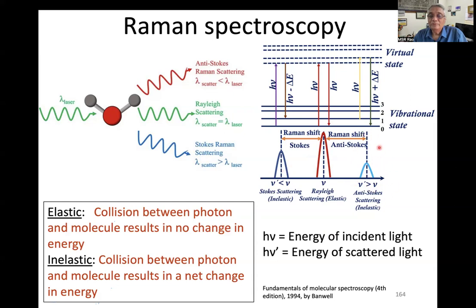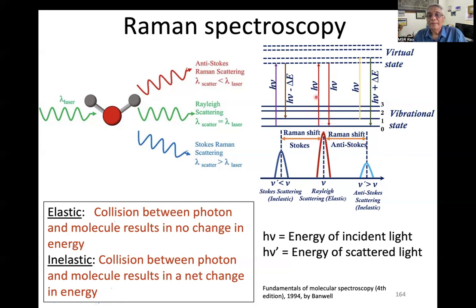In the anti-Stokes case, you have an enhancement in the energy of the incident photons. And that's the reason why Raman spectroscopy, the Raman process, or Raman scattering is an inelastic scattering process. Whereas Rayleigh scattering is an elastic scattering process where the collision between the photon and molecule results in no change in energy.